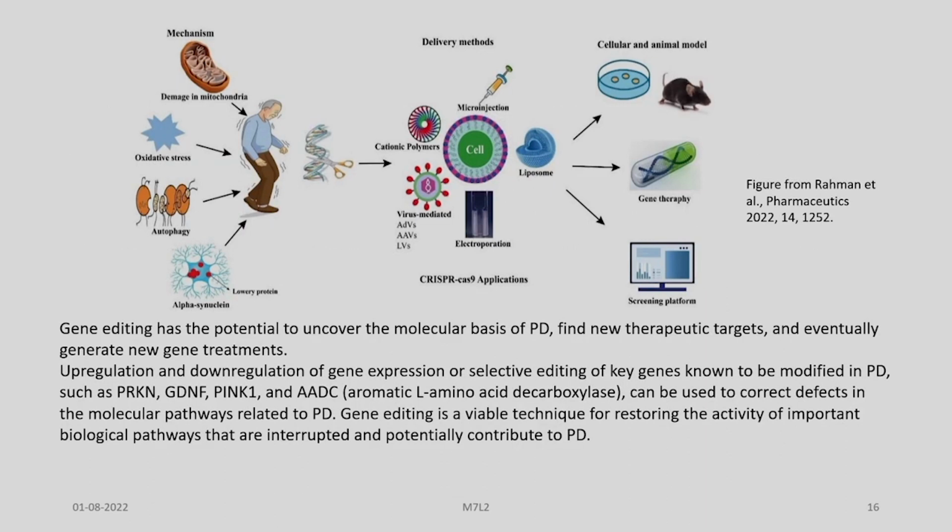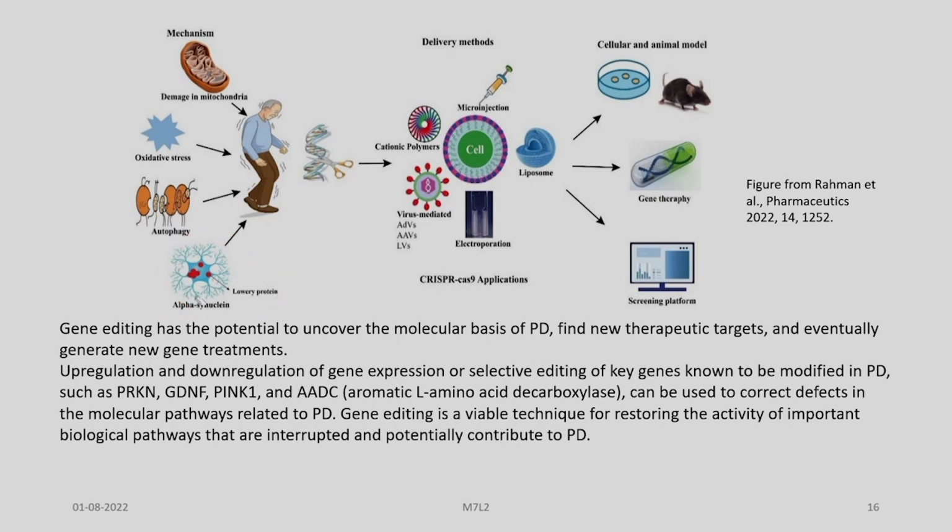So, this is just a schematic of Parkinson's disease. You can see here there is damage in the mitochondria, and then oxidative stress, autophagy, and proteins like alpha synuclein involved in this disease.